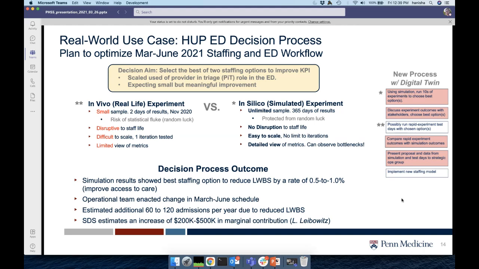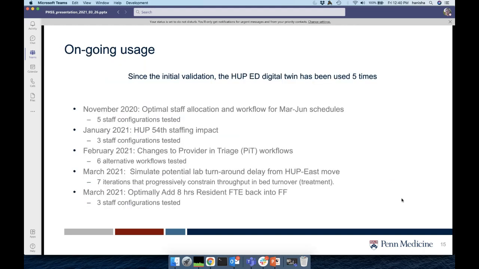HUP took over what was previously Mercy Philadelphia at 54th and Cedar, and is now operating that as an extension of HUP, which just went live yesterday, actually. And as a result, we had to redeploy staff out of our emergency department to support their emergency department. Now, that was not part of the initial digital twin experimentation. It was not part of our staffing plan, wasn't part of our goals for our fiscal year, but that's life. Things happen and you get curveballs.